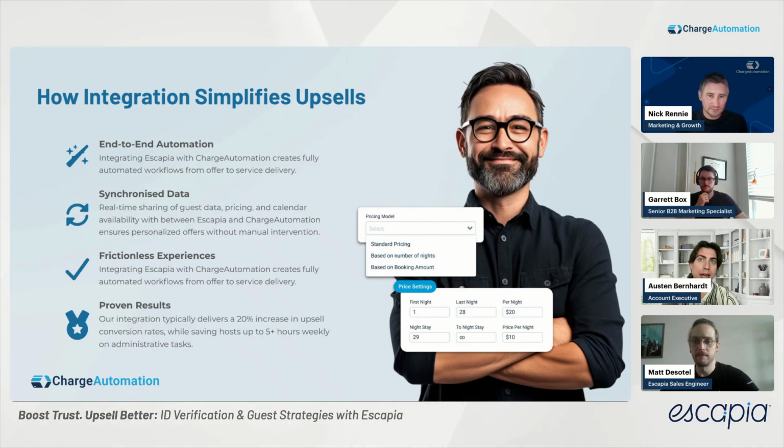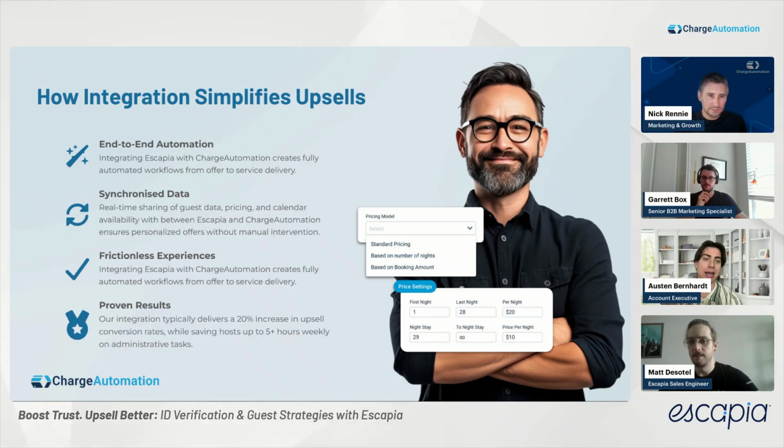And having all the payment stuff done by the automations means that the property management companies now just have to act on delivering the upsell, instead of asking, hey, can I get payments, and making sure everything's done for it.